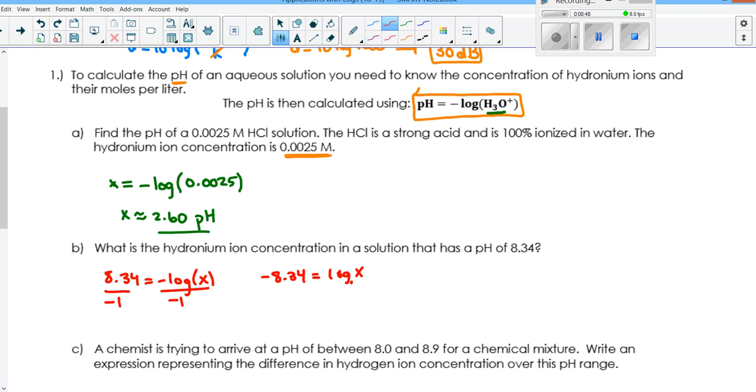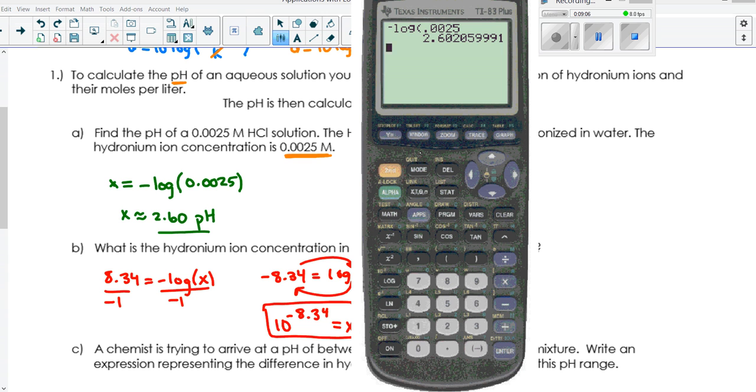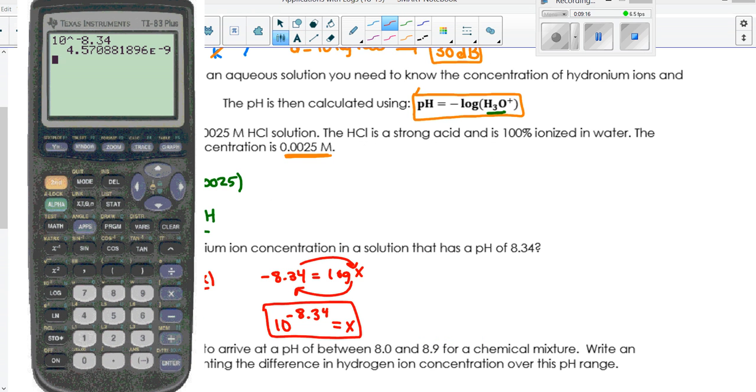Now I'm going to rewrite. That gives me 10 to the negative 8.34 equals x. So x is already isolated here. You can say this is your answer. I'm good with that. If you want, you can put this into your calculator, 10 to the negative 8.34, and it gives you that.